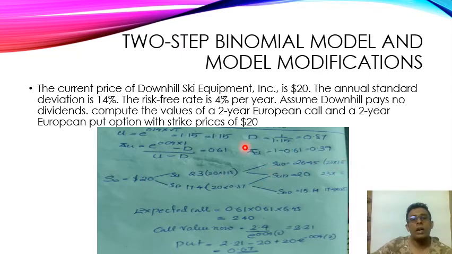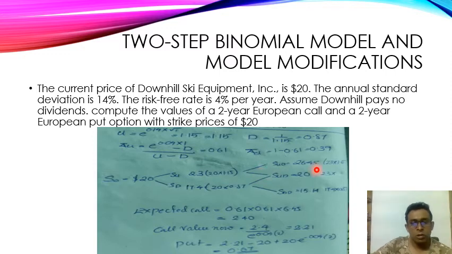So now we have to value our call at year 2. The expected call value will be found by multiplying the probabilities of all these four outcomes with our call value at year 2. The call value at year 2 is based on exercise and lapse.